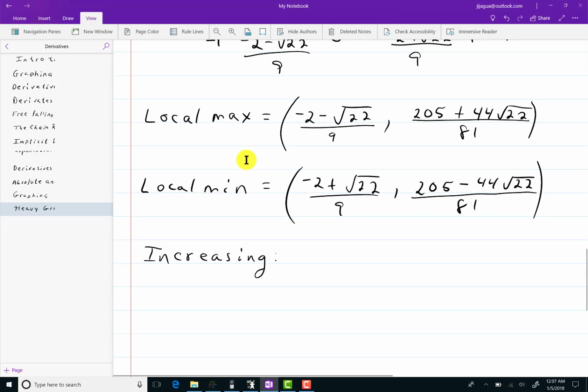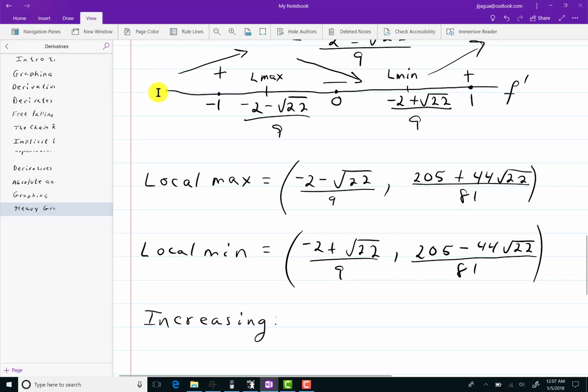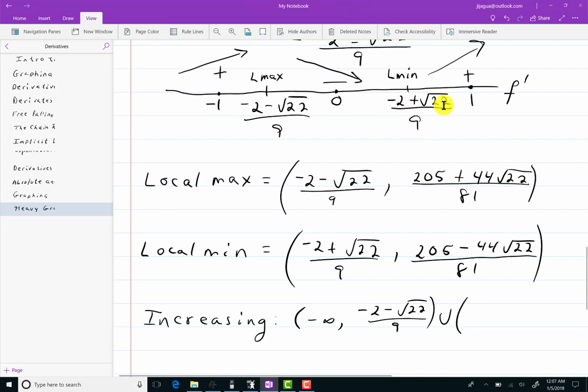It is increasing from negative infinity to this number here. Union, and then it's increasing from this x value to infinity. And it's decreasing on this interval in between.